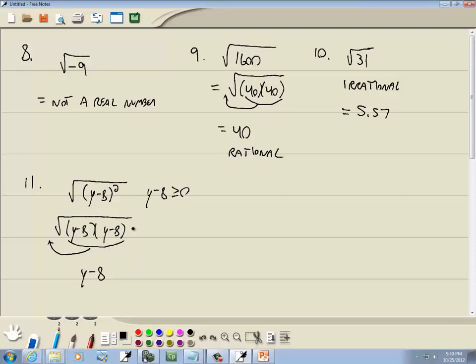Well, we said that for a square root, I had this on the previous page, a square root can only have a positive number come out of it. So we can't bring out a variable like this because it might be negative 2. If this was equal to negative 2, then y minus 8 is negative 10. But they specify that y minus 8 is greater than or equal to 0, which means it's positive, or it can be 0, which doesn't bother us. So that's our answer.